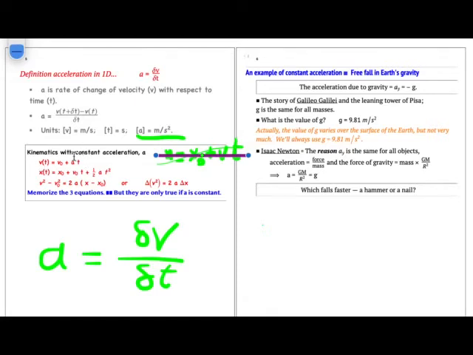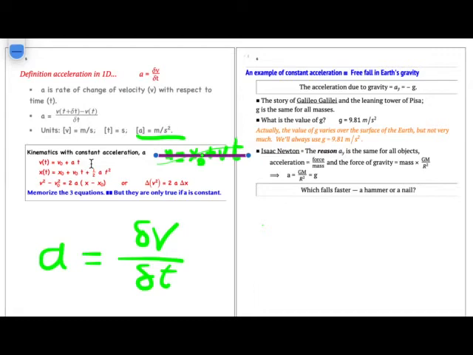So the velocity increases as the rate of change times the time. And the rate of change of velocity is acceleration. So here's the equation for velocity as a function of time. And just as this equation was only valid when v was constant, this equation is only valid when a is constant.